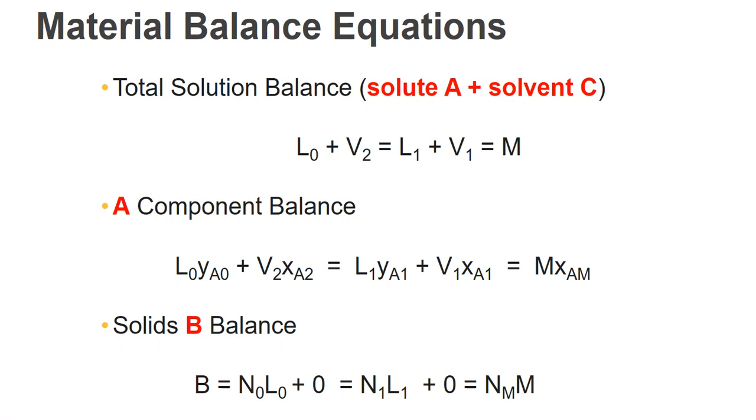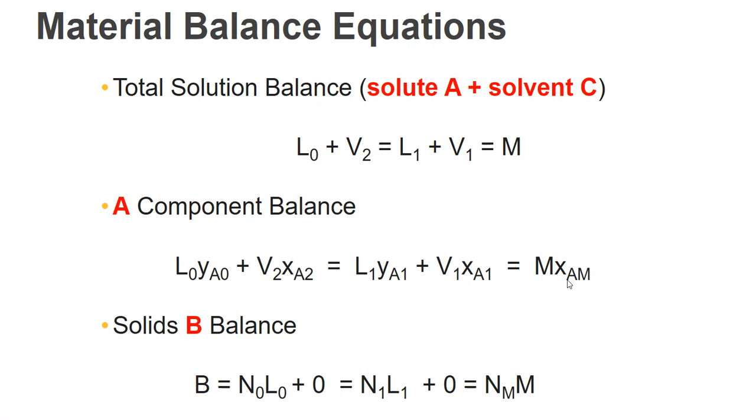What is unique about leaching, and it has so many things unique compared to the other separation processes, is that we can do a solid balance. So the solid that entered should be the same solid that left your system, and it should be the same solid that is present in the bulk phase. By the way, this M also represents the bulk phase, where your solvent and your solid are contacting each other.